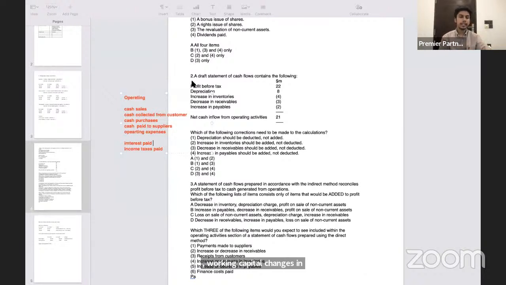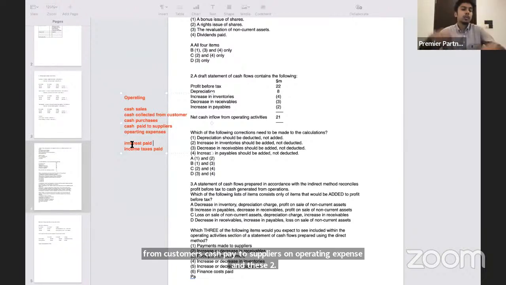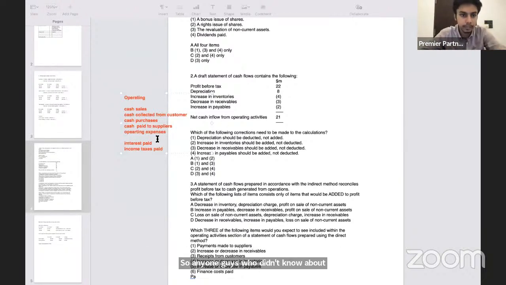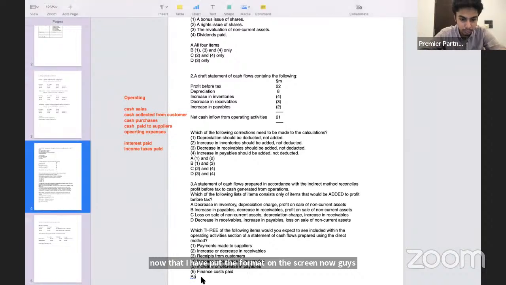Whereas the direct method has, at maximum, cash sales, cash purchases, cash collected from customers, cash paid to suppliers, operating expenses, and these two. Anyone who didn't know about the direct method, now that I have put the format on the screen, can you try and see whether you're able to answer the fourth question over here?